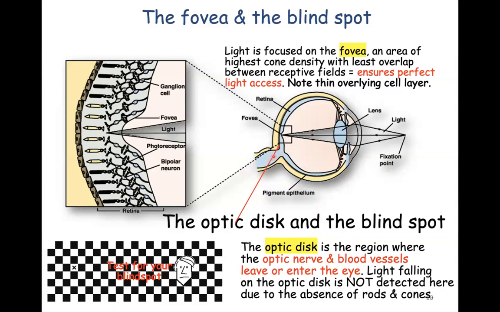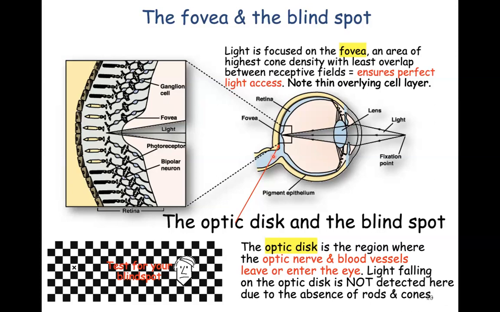As you can imagine, the optic disc does not have any rods or cones because its function is to serve as the entry point for all the nerves and blood vessels and everything. So there's no rods and cones here. What does that mean for us? That means that this point becomes a blind spot. This part of the eye has no ability to detect light because there's simply no rods and cones.